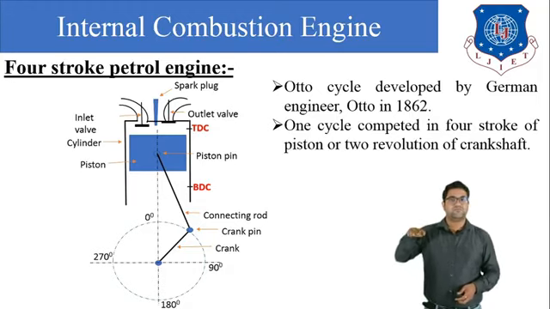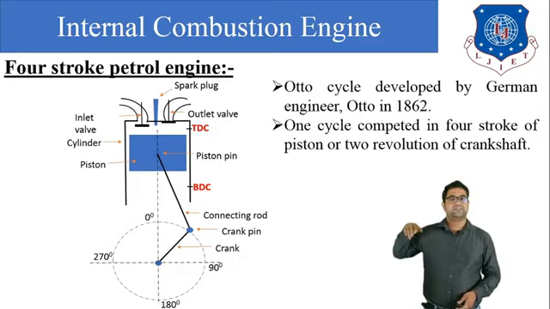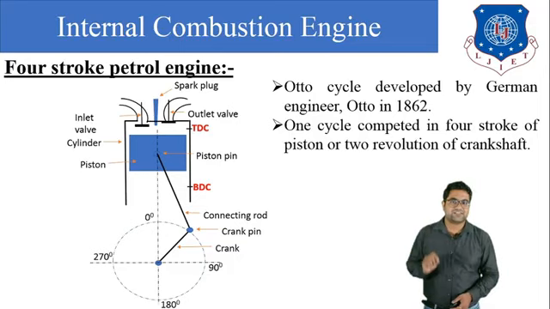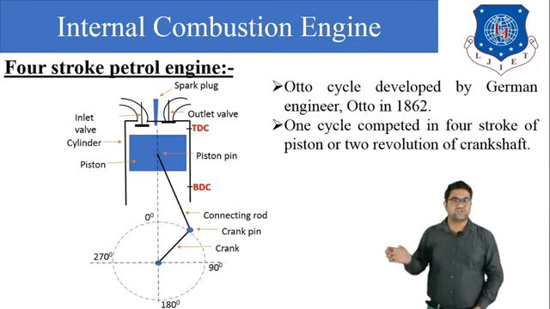Again the piston moves from TDC to BDC, that is the third stroke, the power stroke. And in the fourth, when the piston moves from BDC to TDC, that is the exhaust stroke. Due to these 4 strokes, the engine is named the 4-stroke petrol engine.